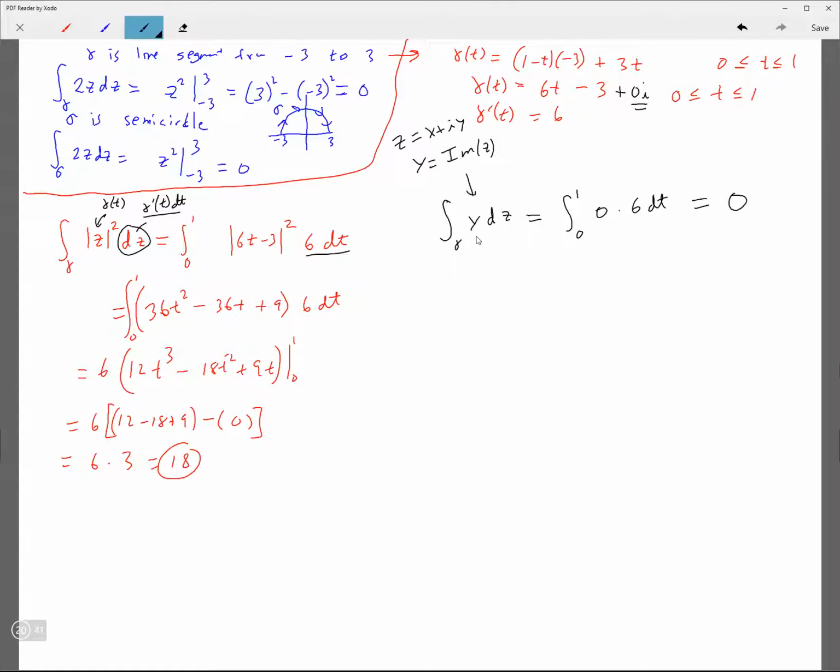Now, if you're integrating x dz, then you would put all this in because this is your real part, right? And then you calculate that. But let me see.